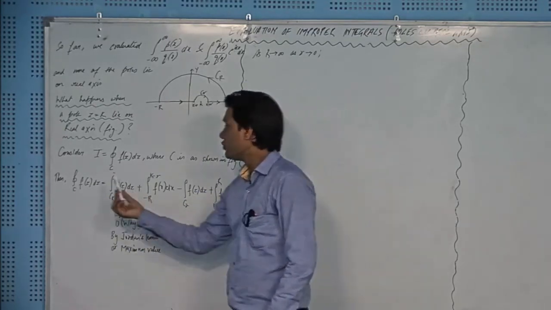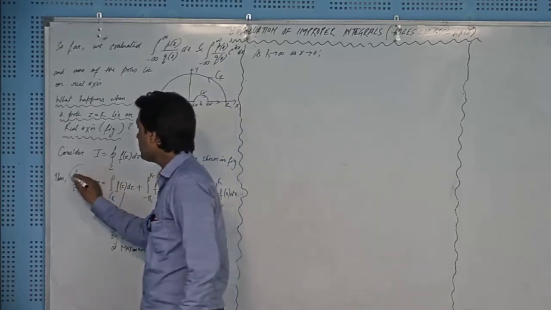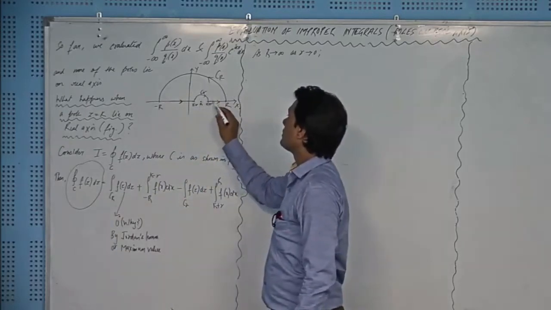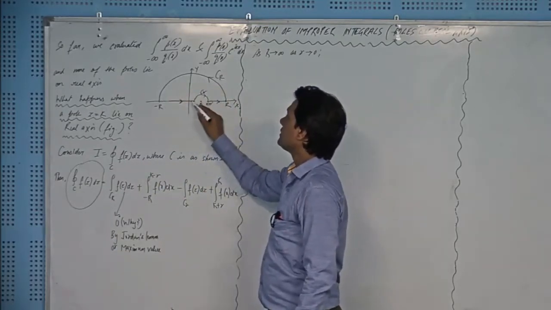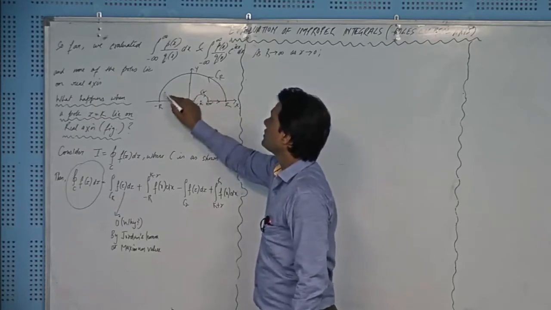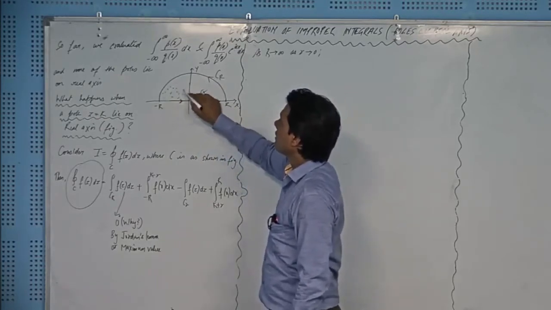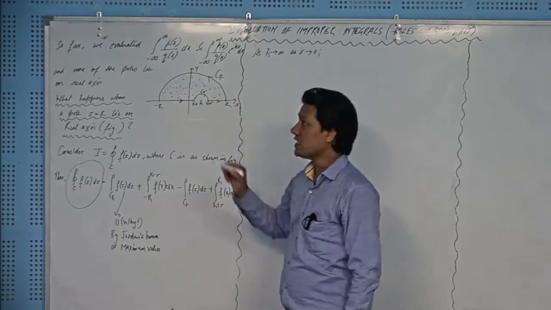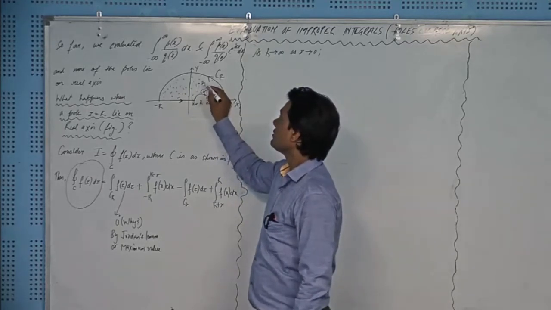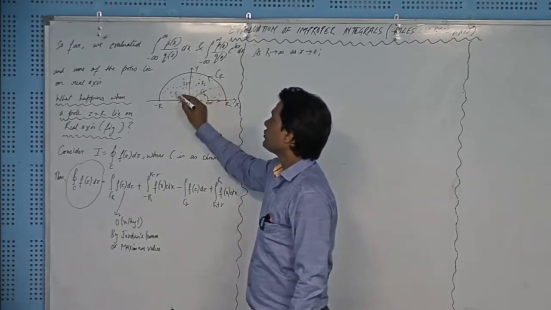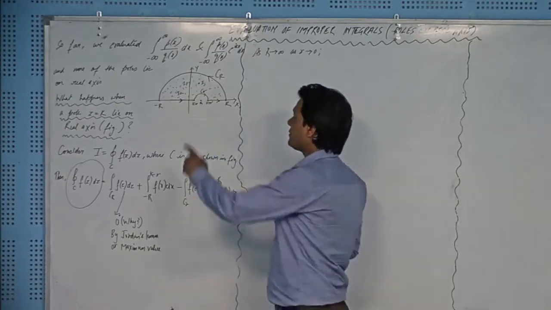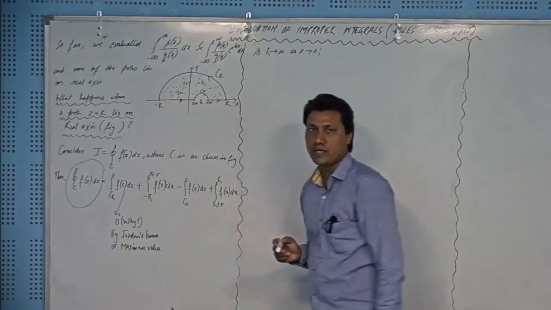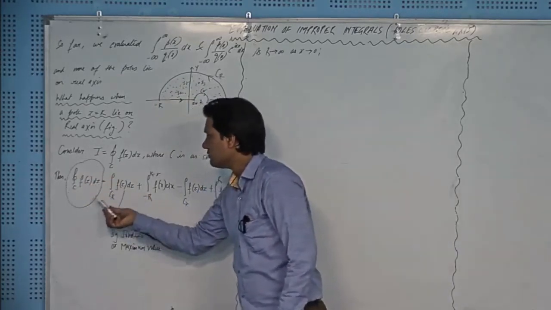This is a very important point. To evaluate this integral, you should notice that your C is actually this whole path, and this C is enclosing this region, which I am marking with dots. Any pole that lies in this region, let it be Z1, Z2 up to Zk, at all of these poles which lie in this shaded region, a residue will be evaluated and then multiplied by 2 pi i in order to find the value of this integral.